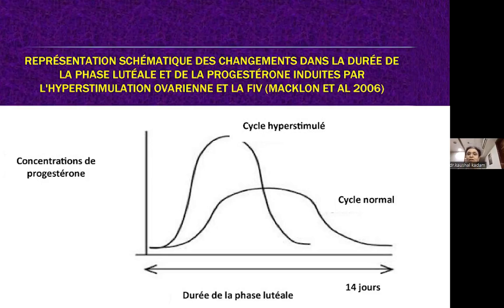But what happens in a hyperstimulated cycle? In a hyperstimulated cycle, the progesterone levels rise and then fall immediately. So there is a lag, and there is a deficiency of progesterone post ovulation. That is the reason why we need to give adequate progesterone to support pregnancy.